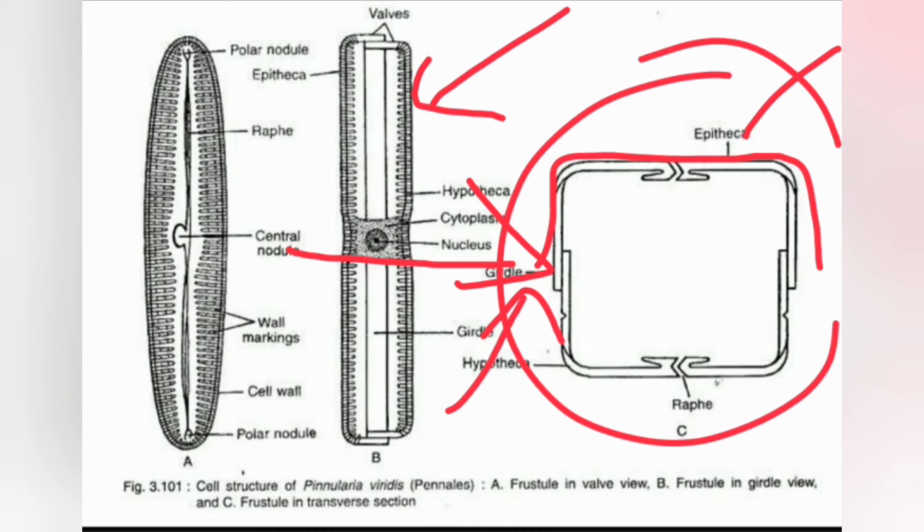So this siliceous material, that is this pectic substance impregnated with silica, is deposited to form different patterns. You can see here in the wall of the second figure B the patterns are different, and in the first figure the pattern is different. The siliceous material is deposited to form different patterns which vary according to the genus as well as the species.